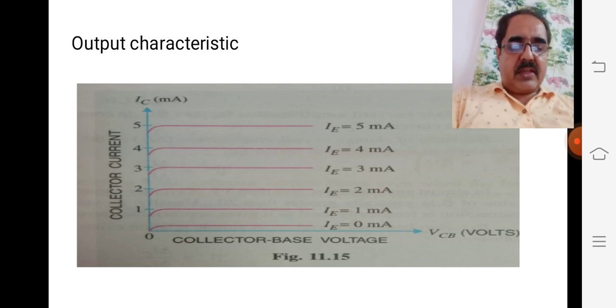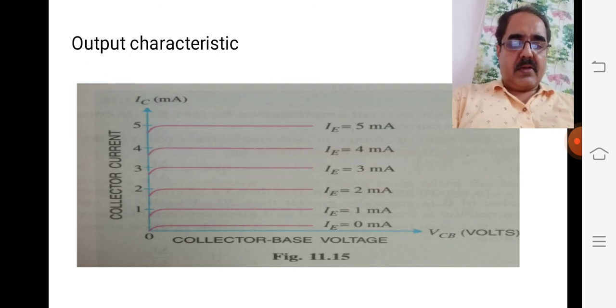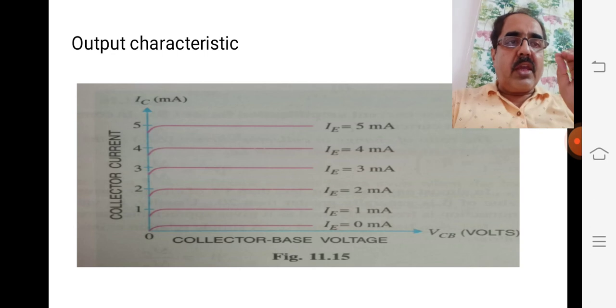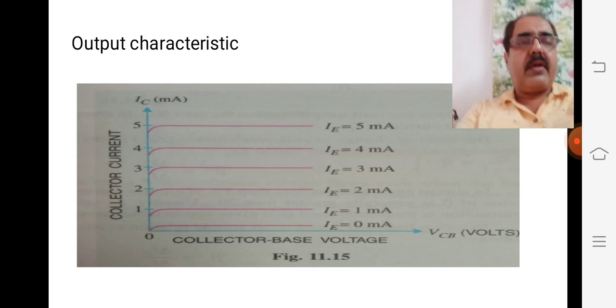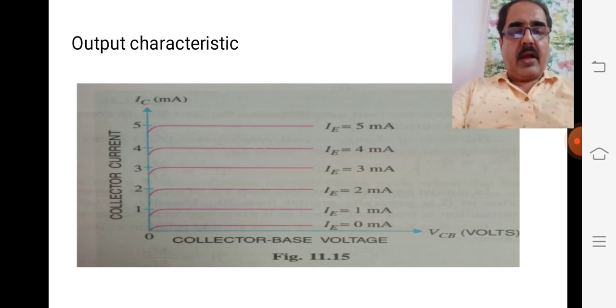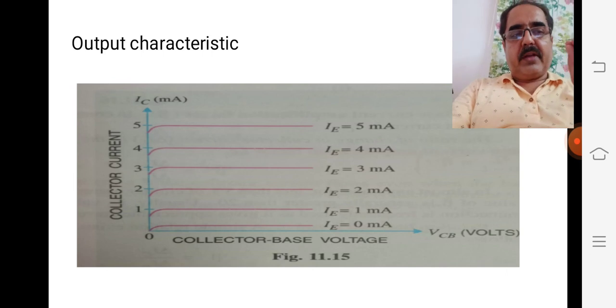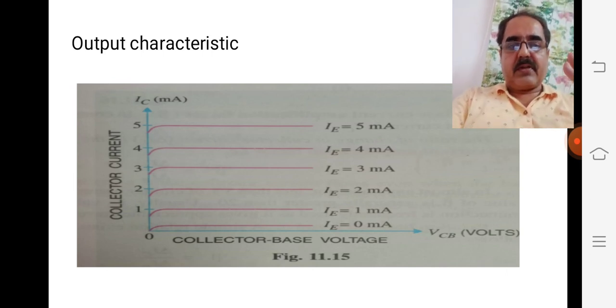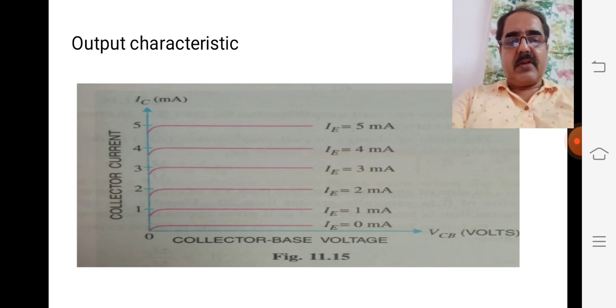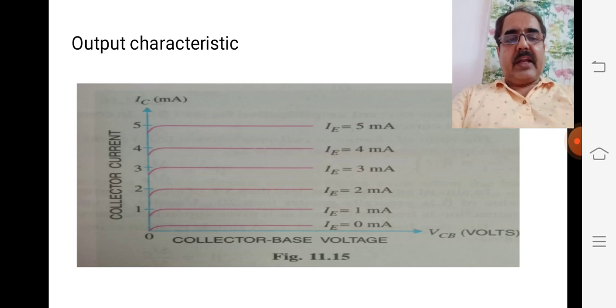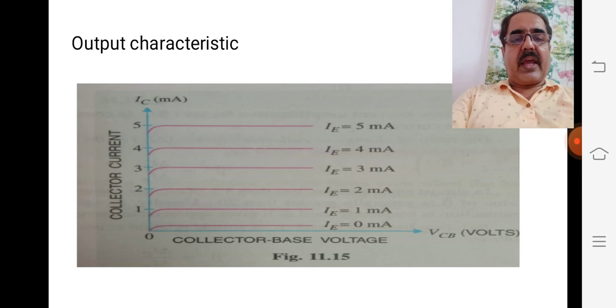For these output characteristics, you have to keep in mind three important things. Number one, the collector current IC varies with VCB only at very low voltage. The transistor is not operated in this region.